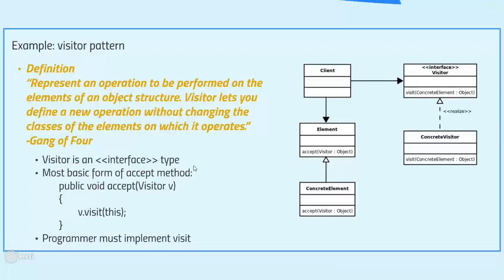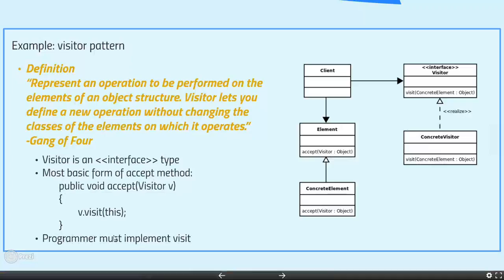Second, we have the element, which has an accept method that accepts a visitor object, and we have the concrete visitor, which realizes the visitor interface and has the visit method that visits every element we want to go over.